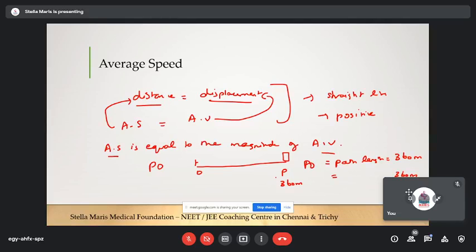What will be the path length when the car is traveling from P to O? 360 meters. Very good. What will be the displacement for PO? Minus 360. Very good.